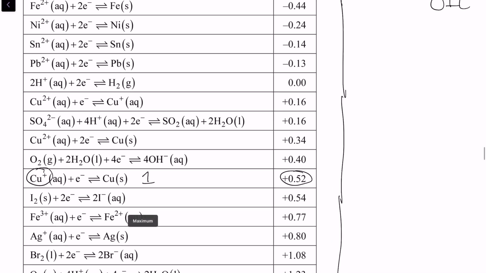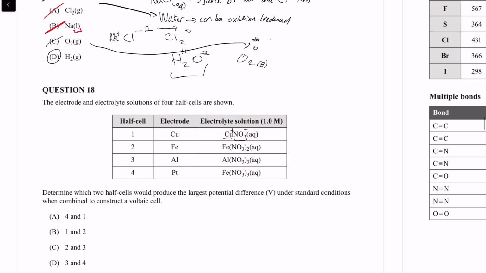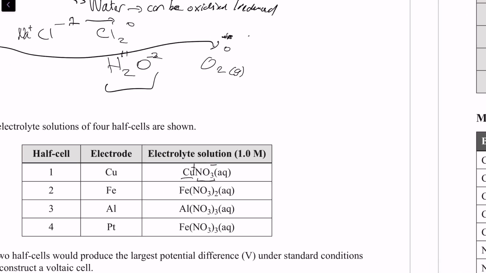So we'll label that as cell 1, and then we'll do the same for the second half cell with Fe. Now, we know that 1 NO3 is a minus charge, and we have two versions of that, so we essentially get an overall charge of -2.